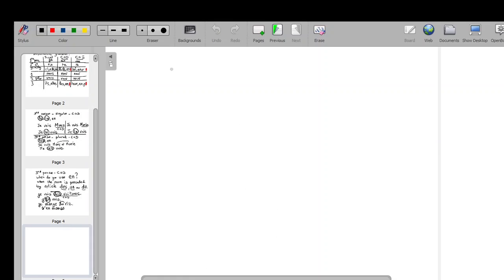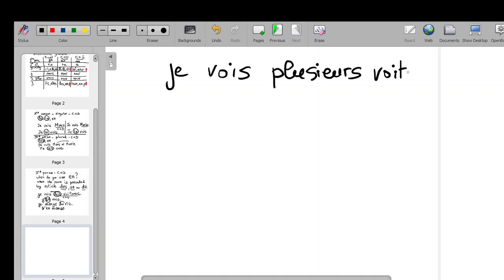There's some subtlety here. You can also say, instead of je vois des voitures, je vois plusieurs voitures. It becomes j'en vois.